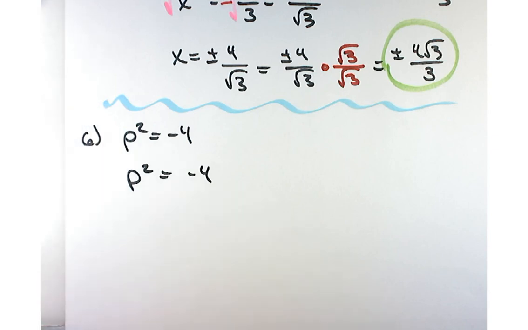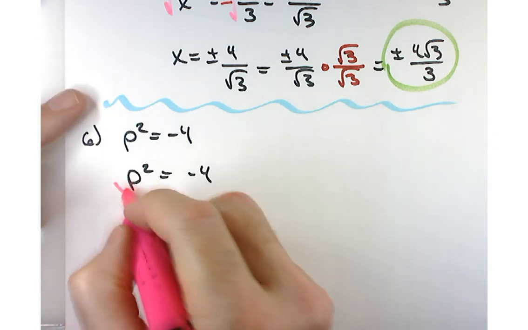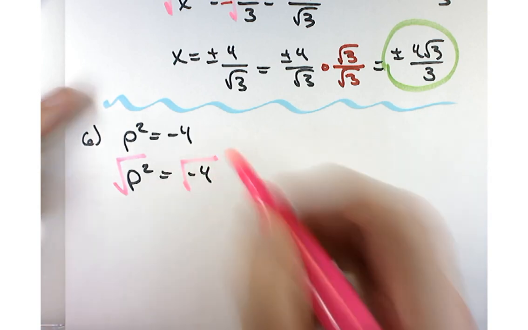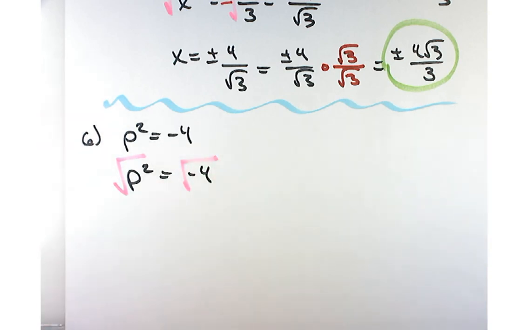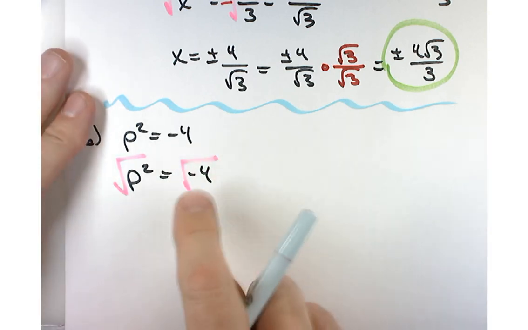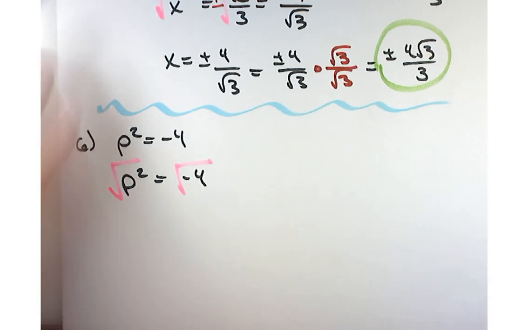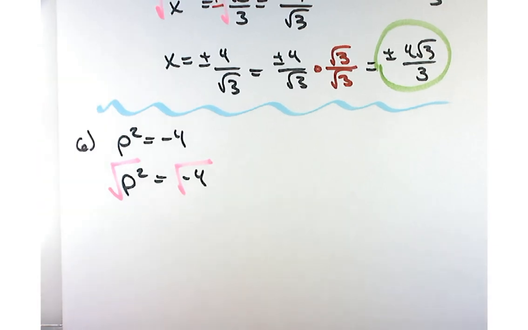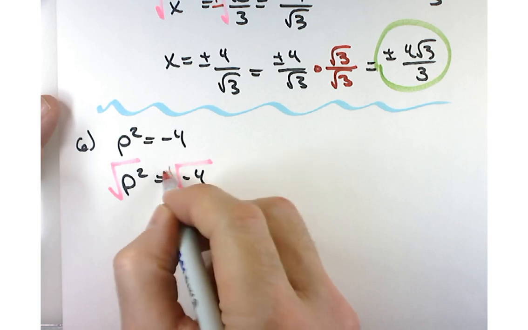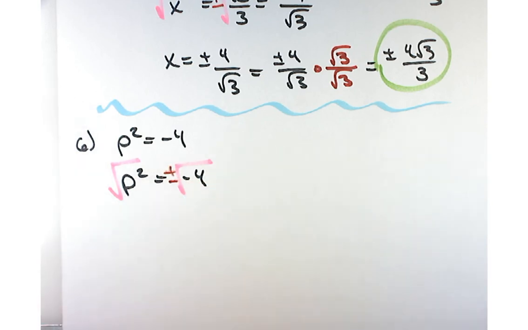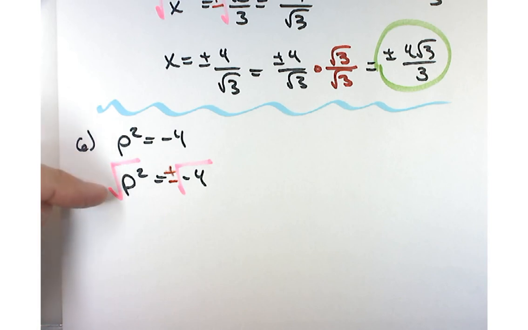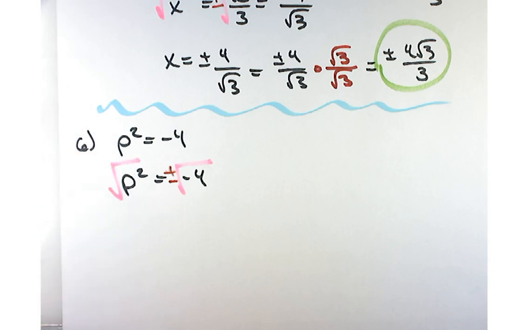Square root of both sides. Yeah, we take the square root on both sides. Just because you've got a negative number here doesn't really bother us too much. Mel, what am I missing from the right-hand side? Plus or minus. We always need that plus or minus. The square root of p squared is p.